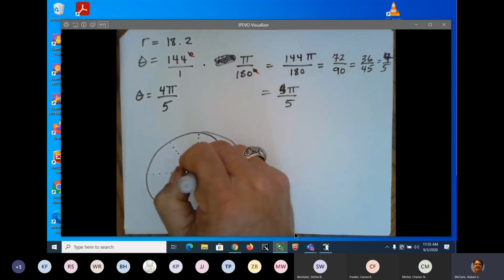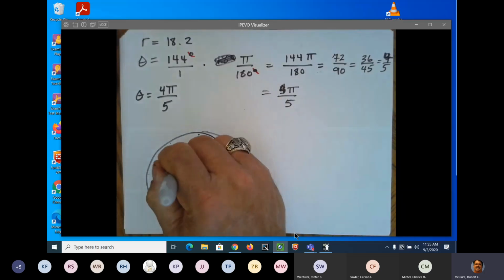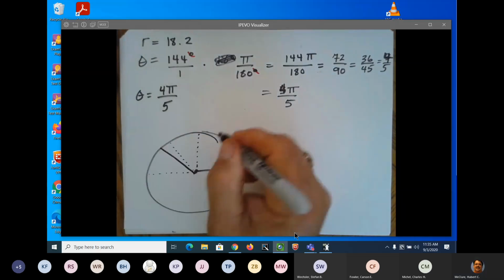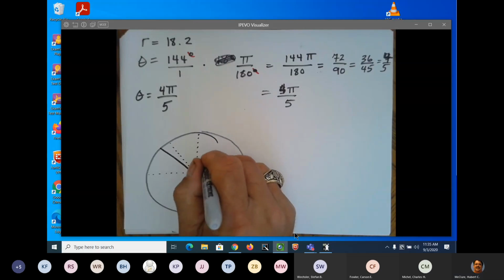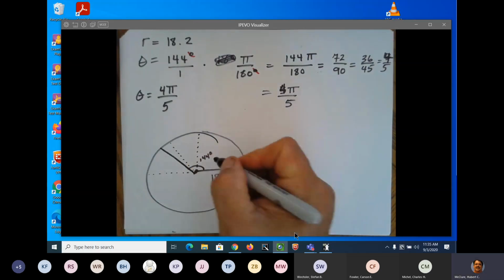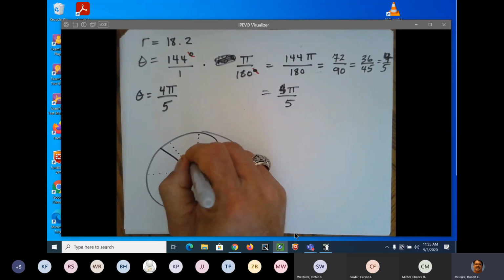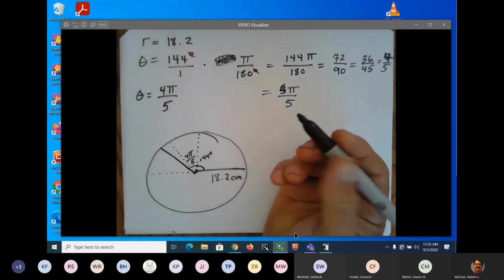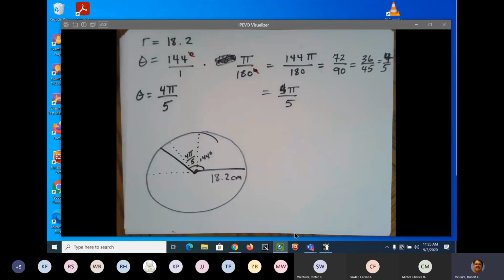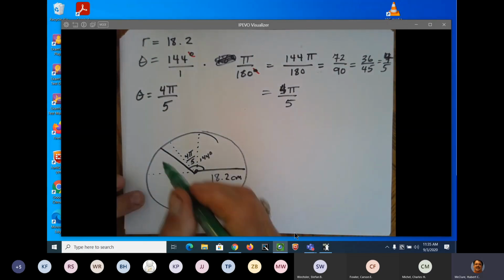So I'm going to say 144 is about right there. Or if you want to put it in terms of pi, 4 pi over 5. So you're finding this curve right here.